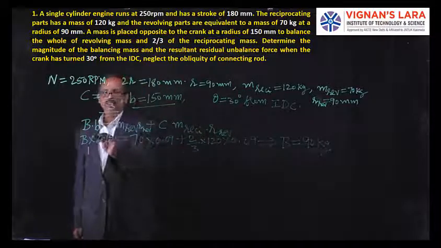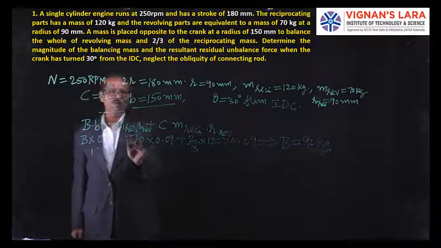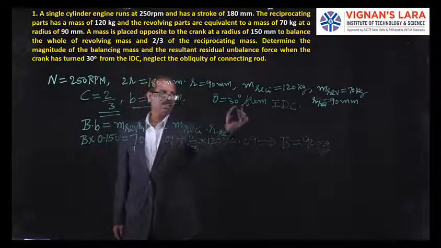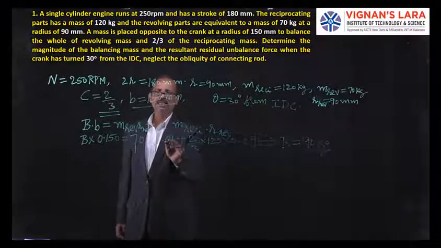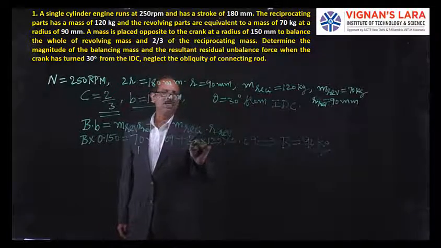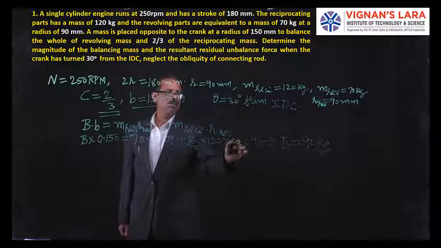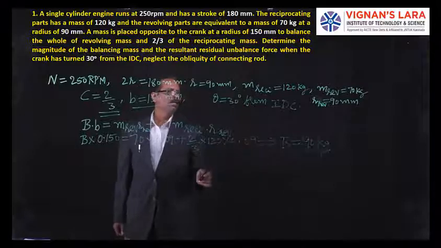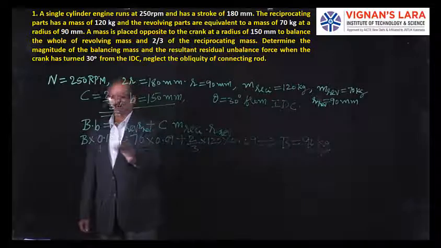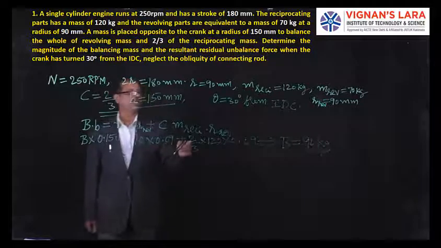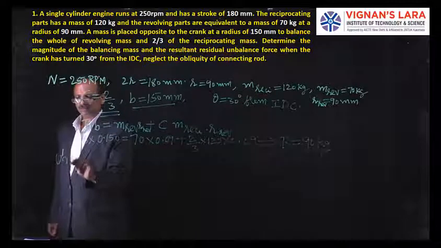So I know the small b value 0.15, so capital B into 0.15, then m revolving is given in the problem, 70, and it is kept at a radius of 0.09. Similarly, 2 by 3 is the c, then m reciprocating is 120, r revolving is 0.09. If you equate the right side to the left side, the unknown is B, so B can be calculated, which is 90 kg. Then unbalanced force.